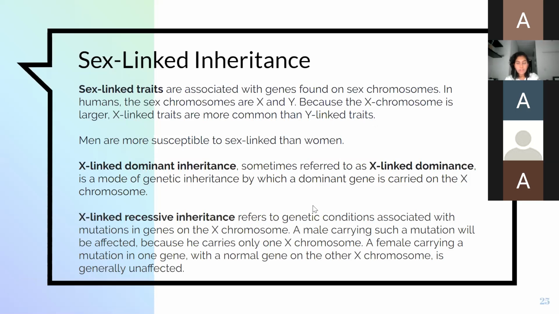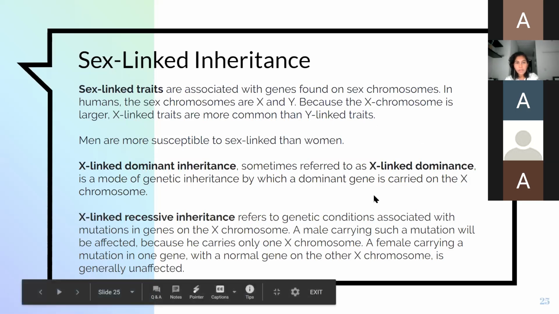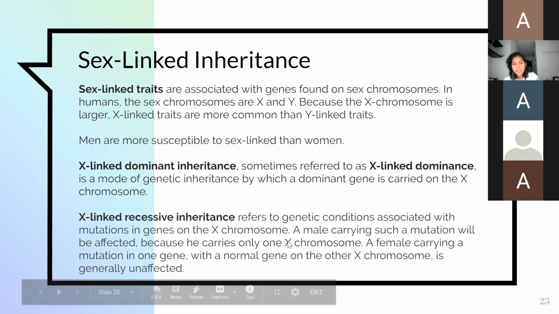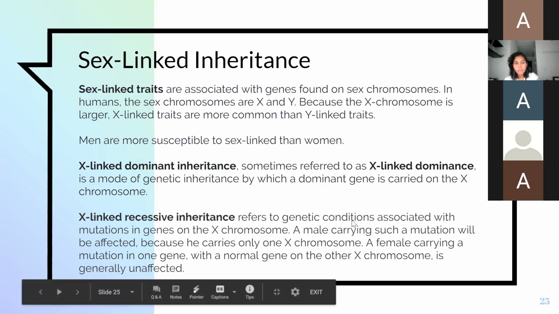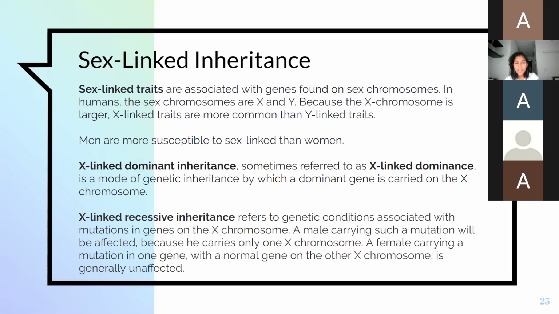In X-linked dominant inheritance, females as well as males are likely to be affected by these mutations, whereas in X-linked recessive inheritance, men are more likely to be affected than women, since if a woman carries one normal X chromosome and one affected X chromosome, she is not likely to be affected by the trait, since it's recessive.